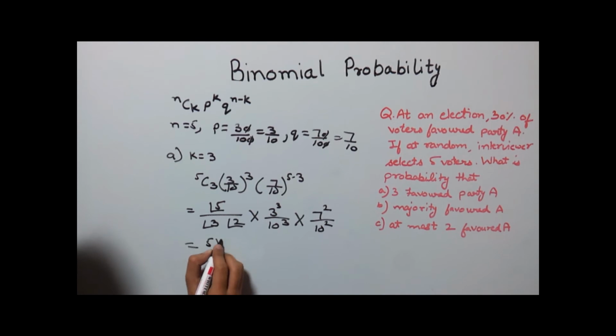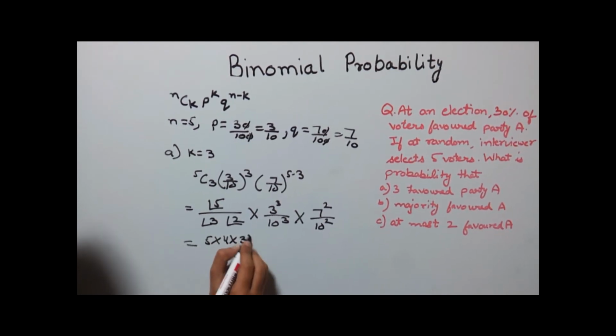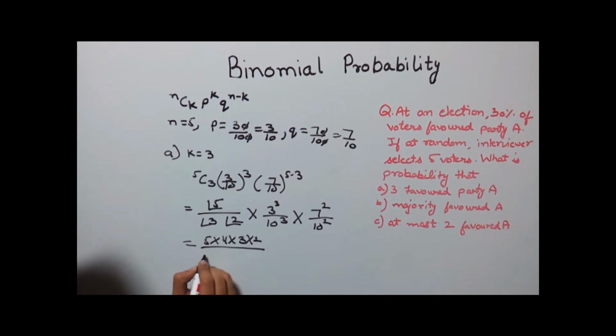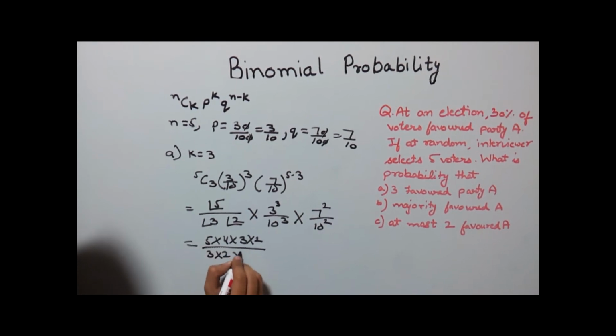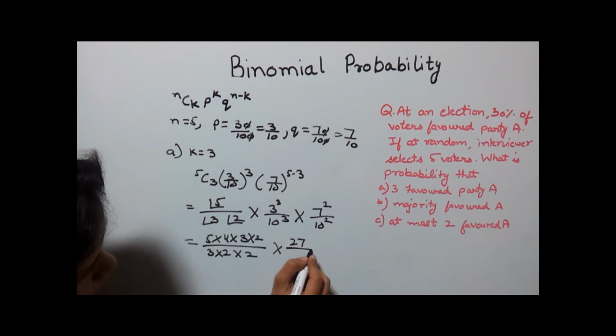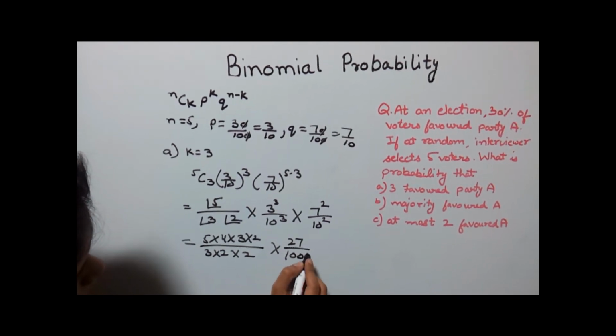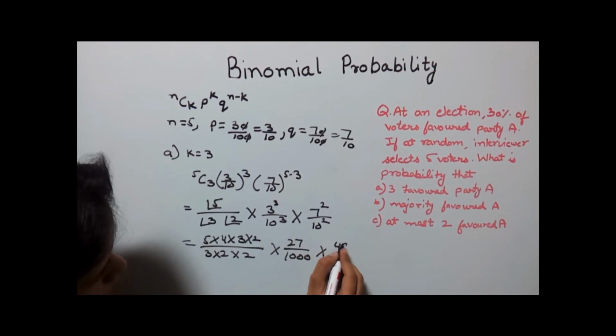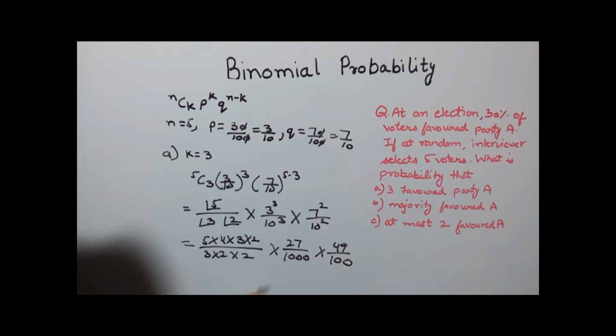That gives us 5 into 4 into 3 into 2 divided by 3 into 2 into 2, into cube of 3 is equal to 27 upon 1000, into 49 divided by 100.